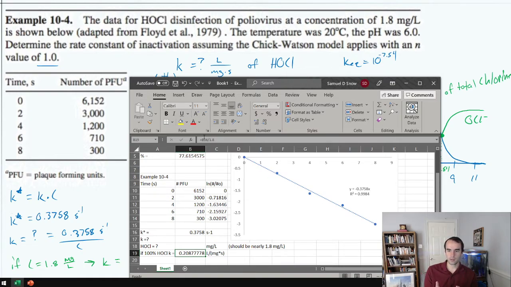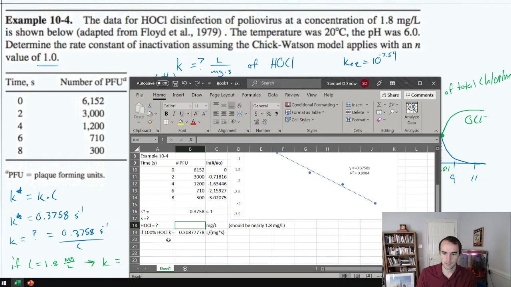So what I'm going to ask you to do now for the remaining time is try to solve this if it's not 100% and we have to do that calculation to see how much really is in HOCl form, because the concentration of HOCl should be slightly less than 1.8.